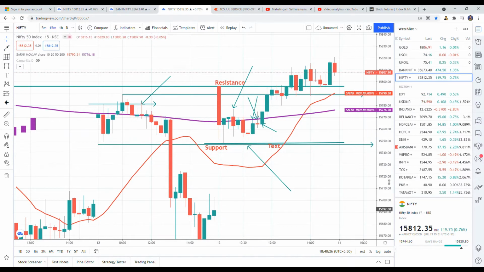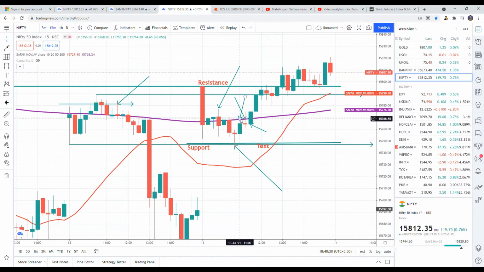There was a rejection at the 200 moving average and the price traded below the recent high in the day. So in this 15-minute time frame, I can say this is a 1 hour high. So price is not able to move above the 1 hour high, you can go short. Not like that. Sorry.